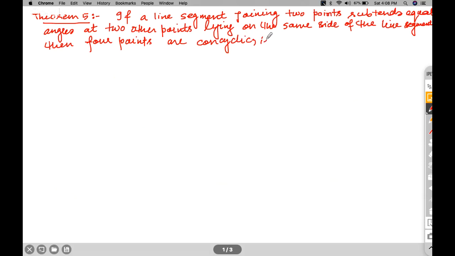It means that they lie on the same circle. Concyclic means lie on the same circle.